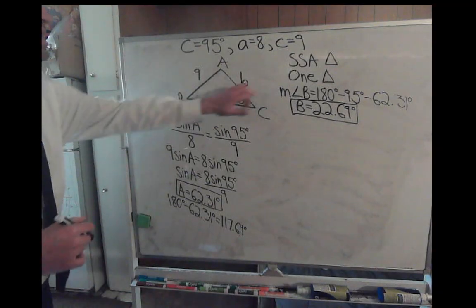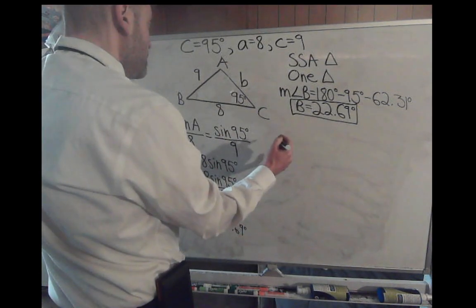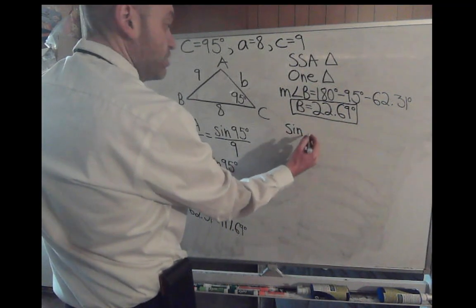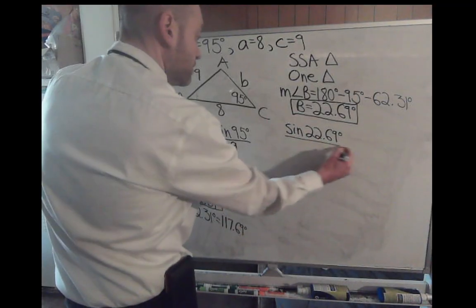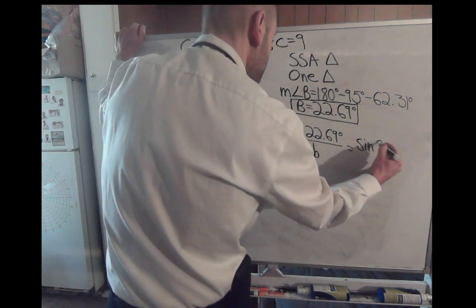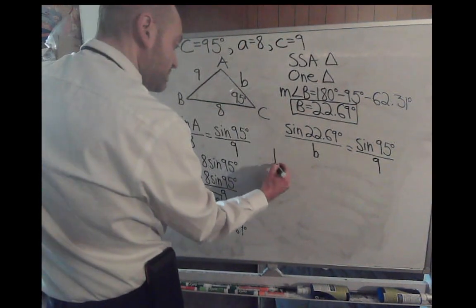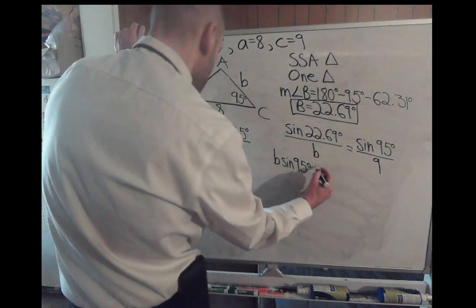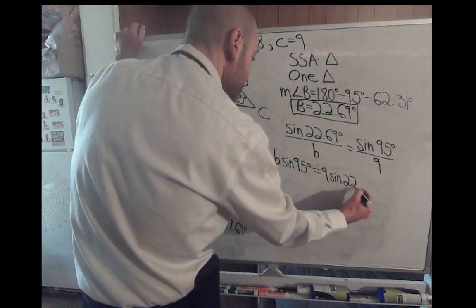Now all we don't know is side B. We got to figure out side B, so we would then end up taking the sine of that angle B, which is 22.69 degrees, all over B, set that equal to our sine of C, which is the sine of 95 degrees, all over 9. So that means B times the sine of 95 degrees would then equal 9 times the sine of 22.69 degrees.